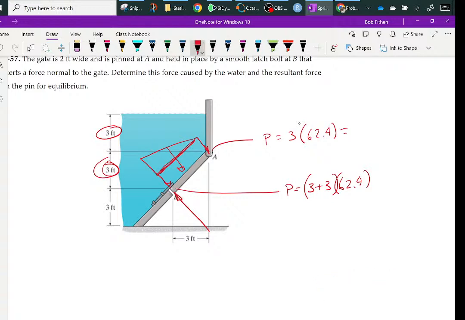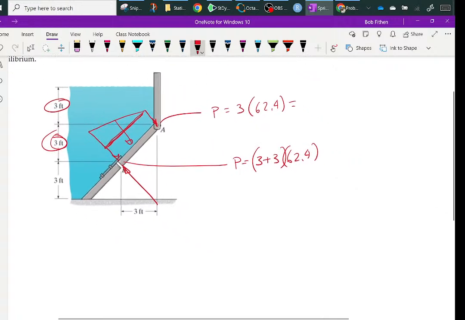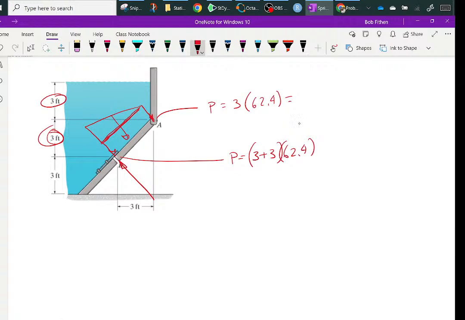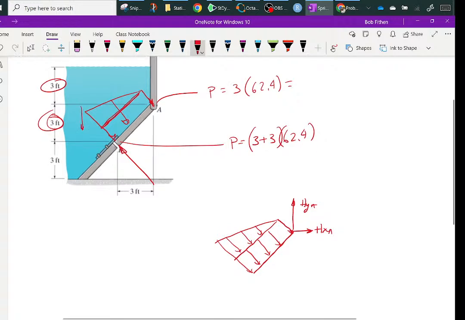Well, first let me do it in the free body diagram the way it should look at that right angle. So here you got point A. So you got a hinge force X at A and a hinge force Y at A, which we're not going to really care about. You've got a load here. Essentially you've got the pressure load pushing on this thing, and then you got the triangular load above it, because the deeper you go into the water, the more the pressure increases.